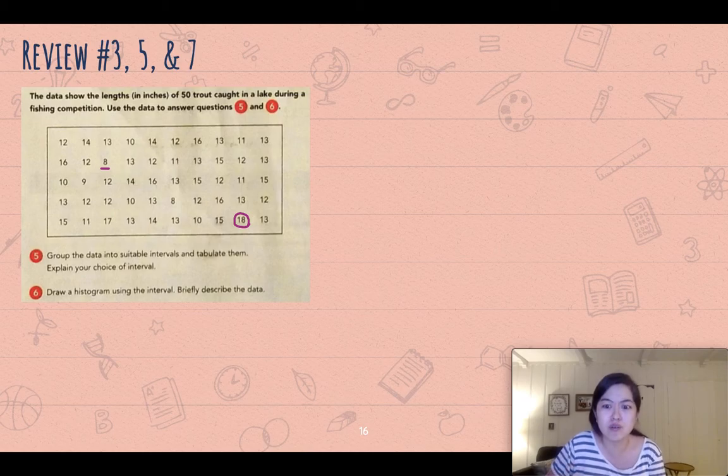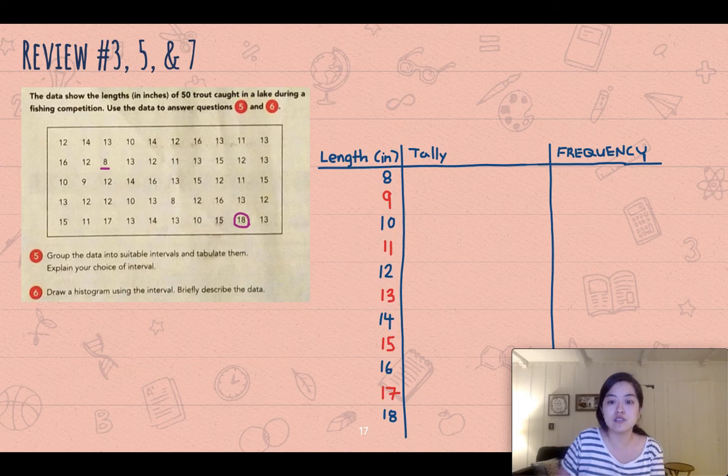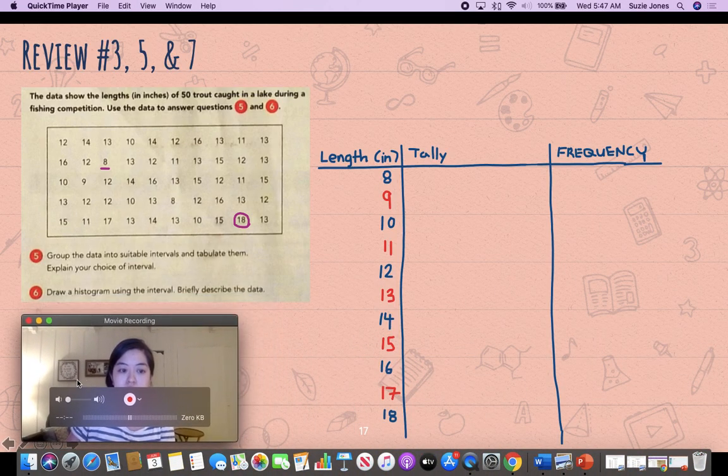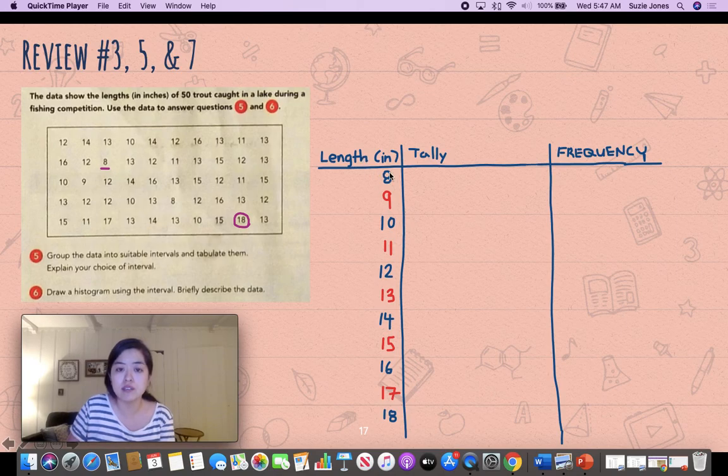And so what I did was first I wanted to list out the lengths. So I have 8, 9, 10, 11, 12, 13, 14, 15, 16, 17, 18. And I alternated between blue and red, so it's easier for me to visually see it once I tally it up.